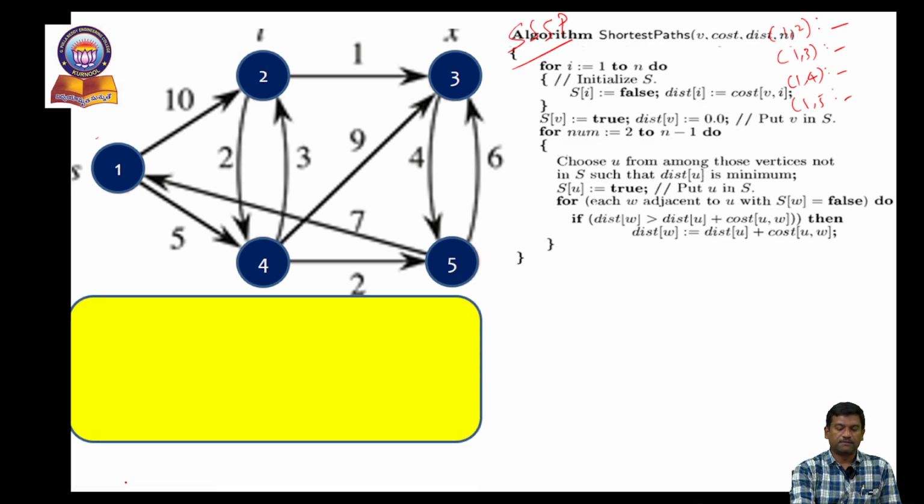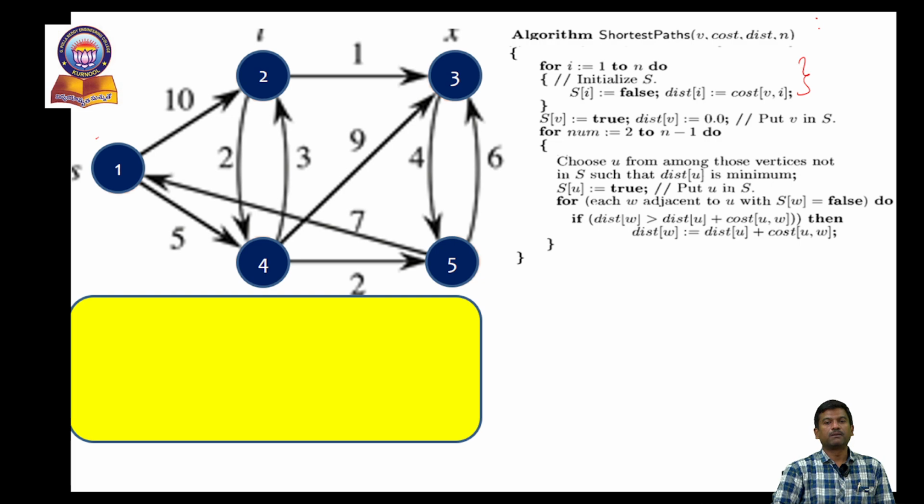So at the first step, given Dijkstra's algorithm, you will be finding the shortest distance that we can reach from the source vertex to all other vertices present within the graph. According to this algorithm, for I equal to 1 to n do, there are certain initializations being done.